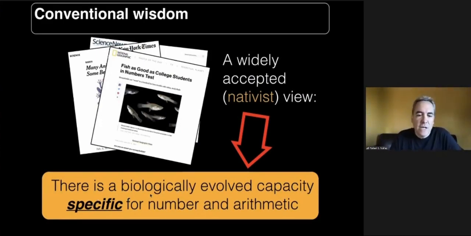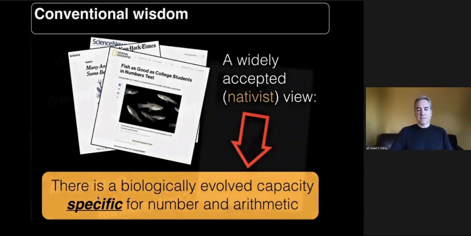On the one hand, there is a biological development, let's say through natural selection, but it is specific for number and arithmetic. This means that number and arithmetic are dissociated or separated from other functions. They're not built on general purpose functions. The claim is that there is something specific for it.